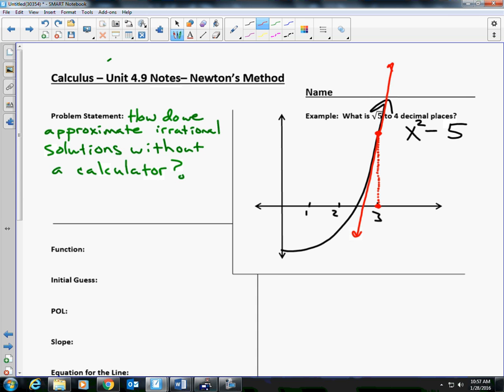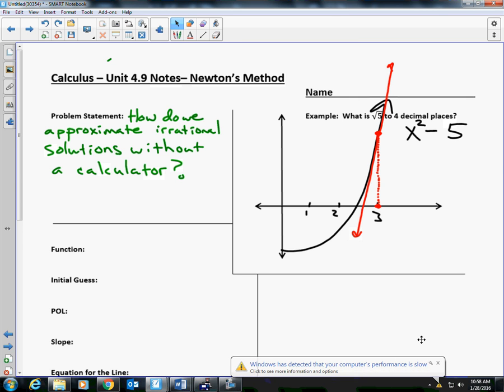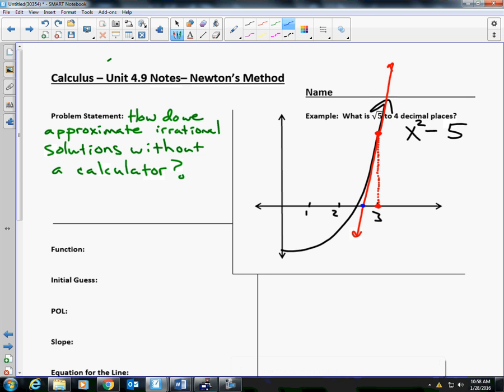What point on that line should he find if he wants to have a better guess than 3? What point on the line is closer to my actual solution? The x-intercept. Is it hard to find the x-intercept of a line? No, it's easy. We do it all the time. So you just calculate that. Well, that's better.